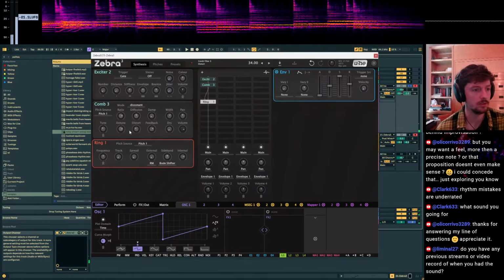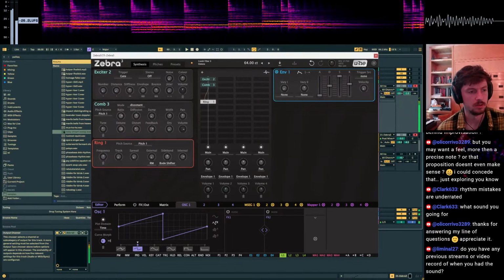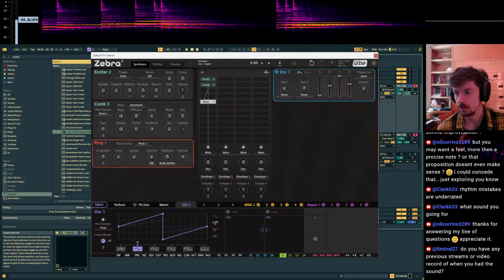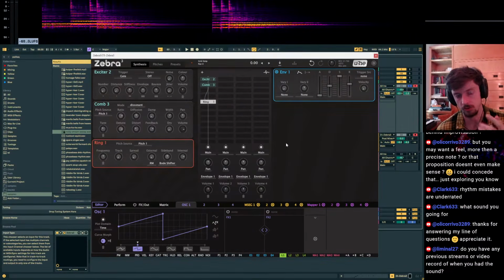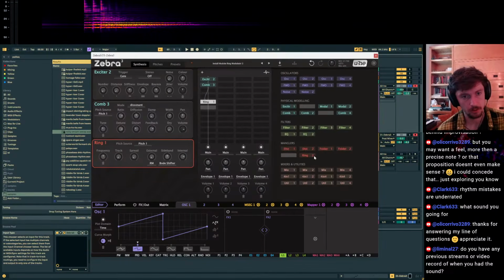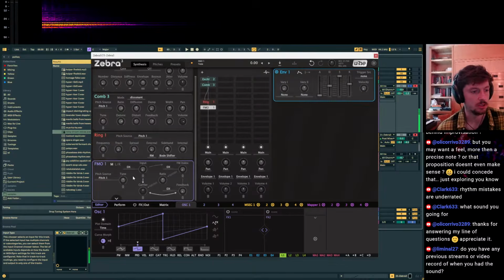It's kind of cool. It's kind of like a gamelan sound, with the sounds of gongs having interfering beating patterns.